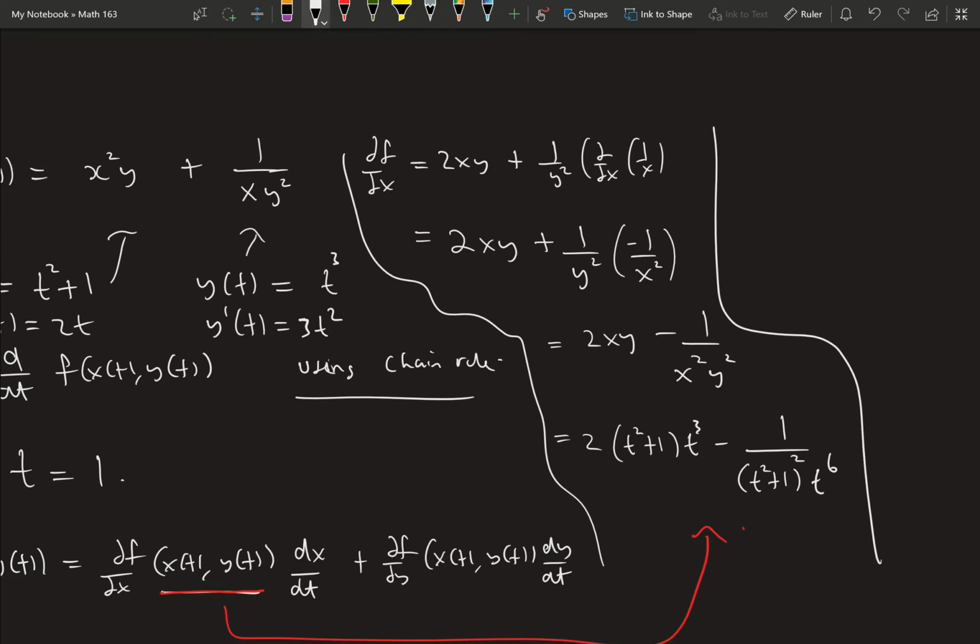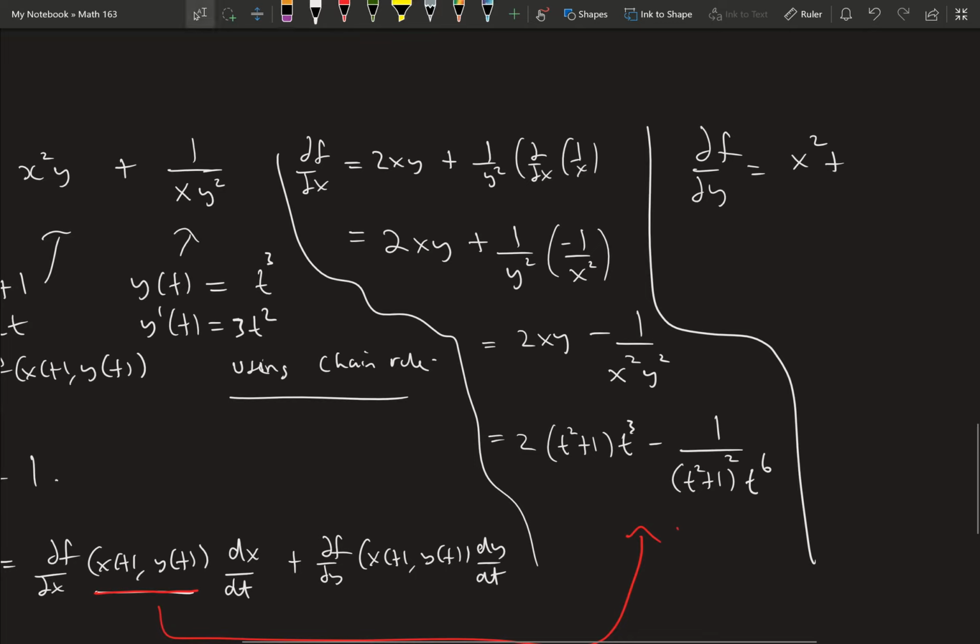A little extra column. We have del f del y being x squared plus, and again the 1 over x is just a constant, so we take the derivative of 1 over y squared, which is negative 2 over y cubed.